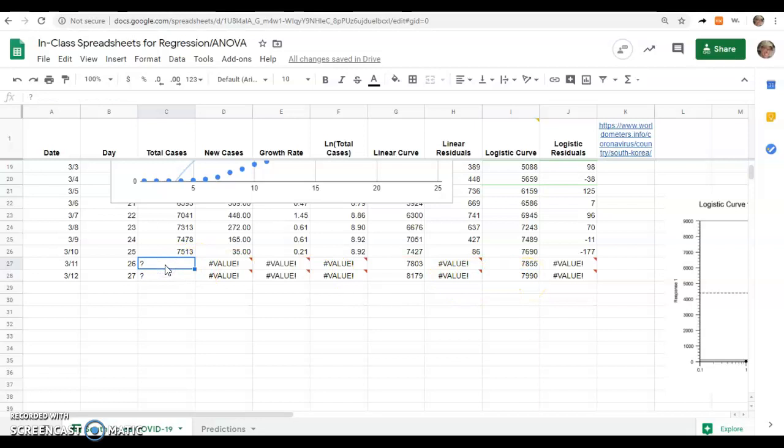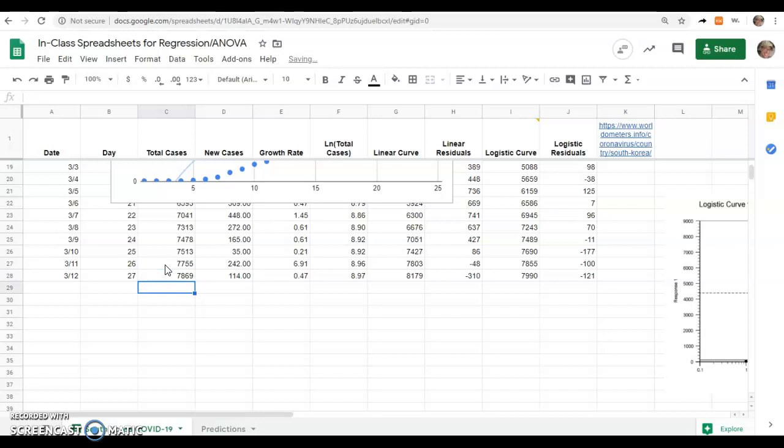If we look at the actual values here, it was 7,755, 7869. So you can see, again, even the logistic model is off by a bit, but it is closer than this linear. And my guess is, as time goes on, the logistic curve will continue to be closer, although this is based on human decisions, things that are not necessarily going to fit a perfect model.